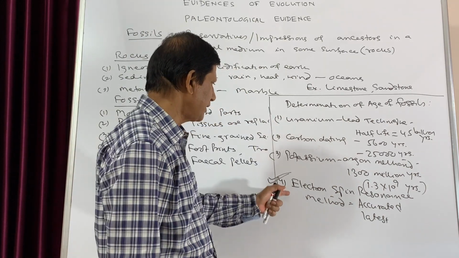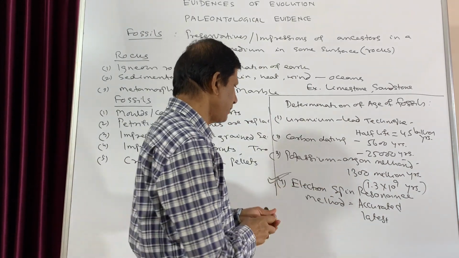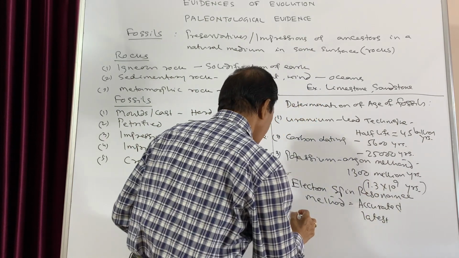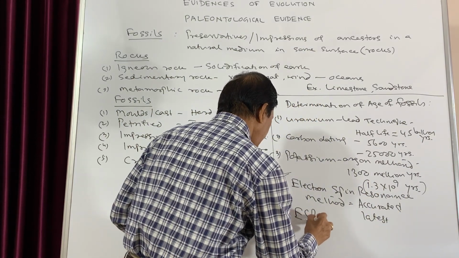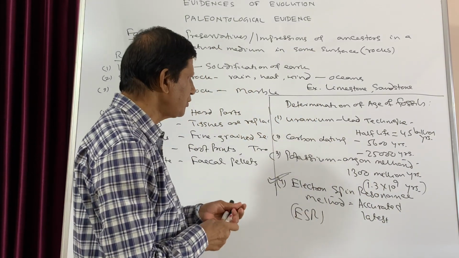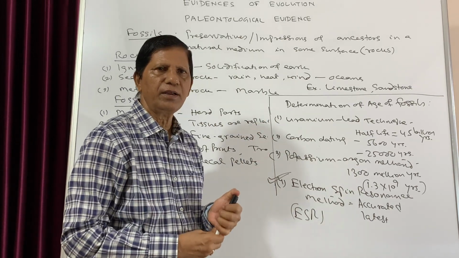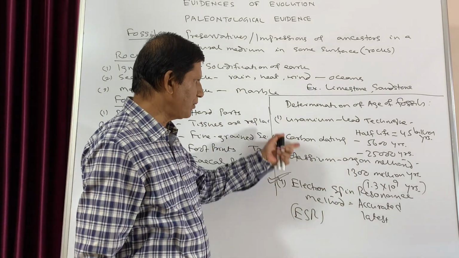So this is nowadays used, this electron spin resonance method, in short known as the ESR method. So in this way we can determine the age of the fossils, and usually questions also come from this part.